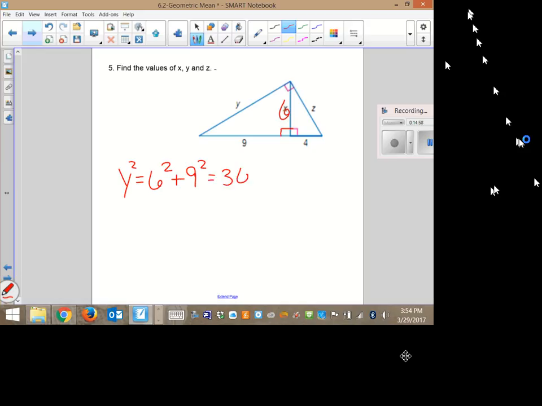So we get 36 plus 81. So that gives us 117. So taking the square root of both sides, we get our y to be the square root of 117, which we want to simplify. And we can split that into the square root of 9 times 13. So we get 3 square root of 13 for our y.